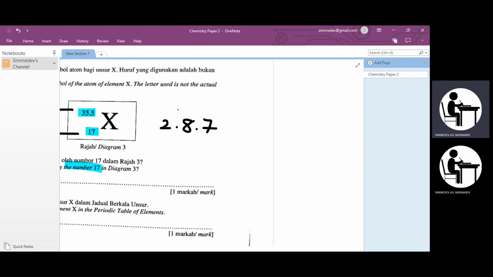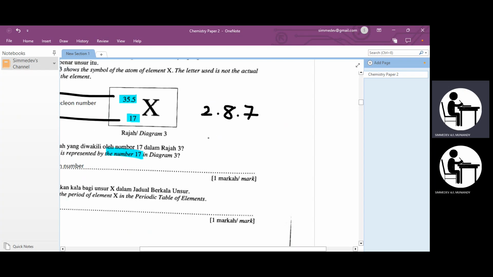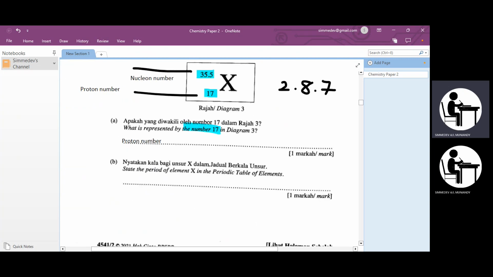If you sum up all of this, you'll get 17 back. This is the configuration of electrons for each shell. The maximum capacity for the second shell and third shell is 8. It cannot exceed that, and if it is lower than 8, that means it hasn't achieved a stable electron arrangement. Okay, so state the period.